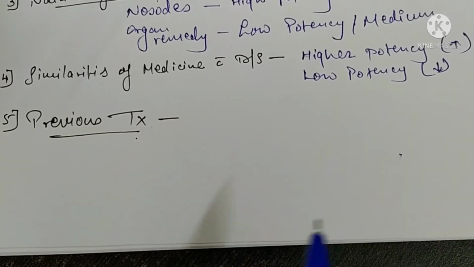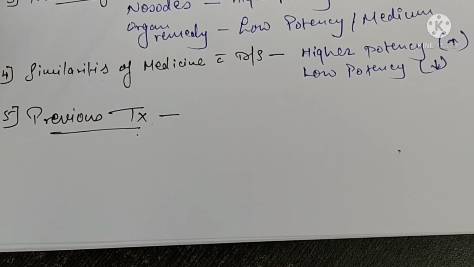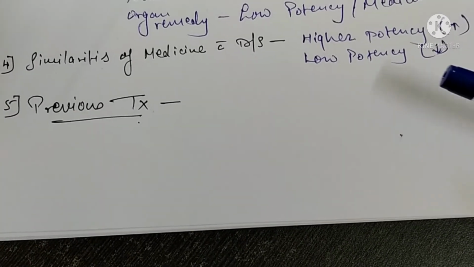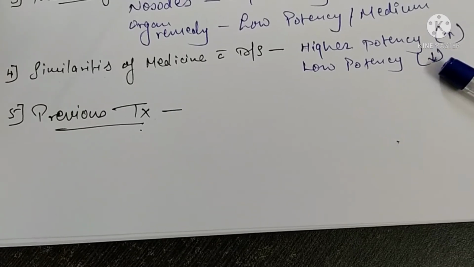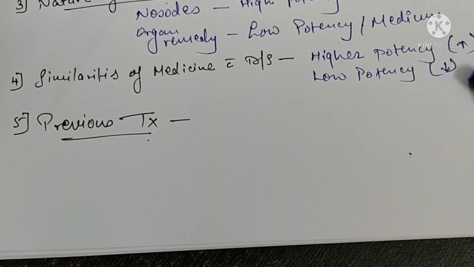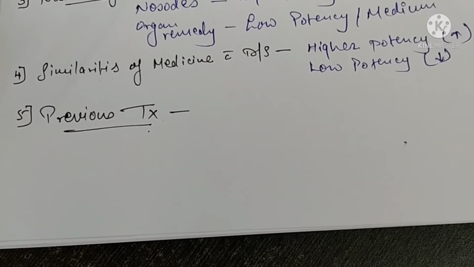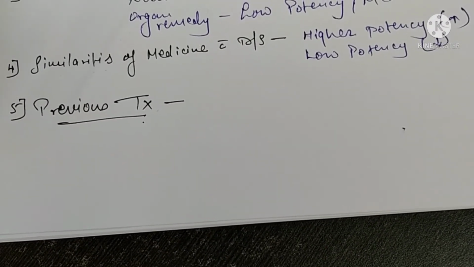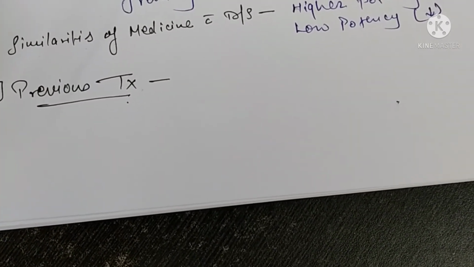If that person had previous homeopathic treatment, and was given aconite or belladonna in 200 potency, and there is no change, no decrease or increase in the signs and symptoms, then you should give a lower or higher potency; you have to adjust according to the case.